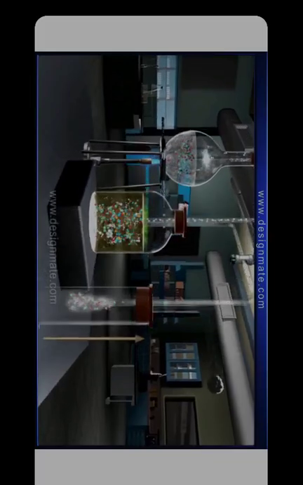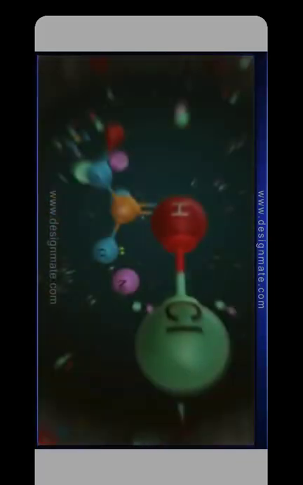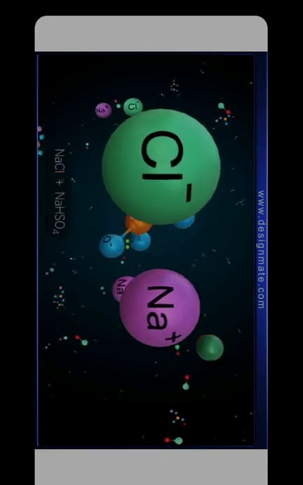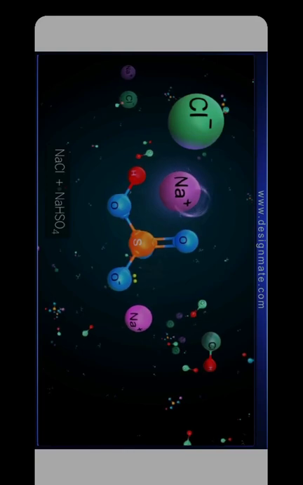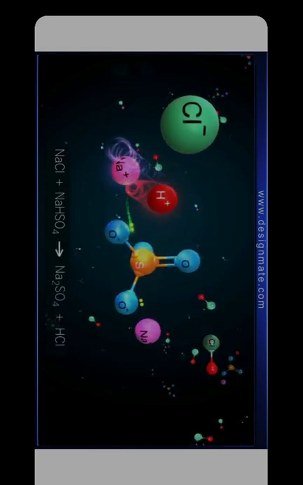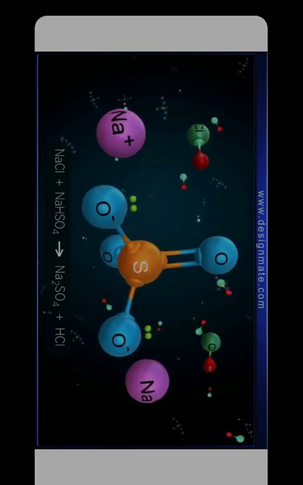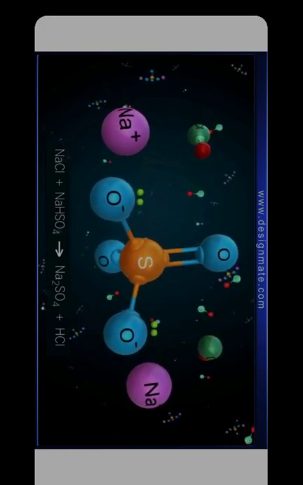If we continue heating, raising the temperature to about 300 degrees Celsius, NaCl further reacts with sodium bisulfate to form Na2SO4. That is, sodium sulfate along with a molecule of HCl.